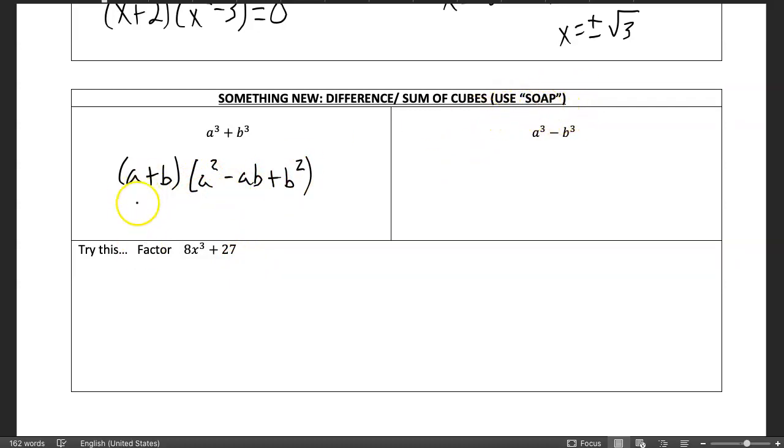SOAP helps us remember what the different signs are. The S stands for same: our first sign is the same. The O stands for opposite: the second sign is the opposite. And the AP stands for always positive: our last sign is always positive.